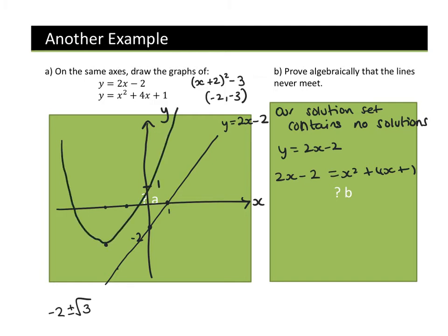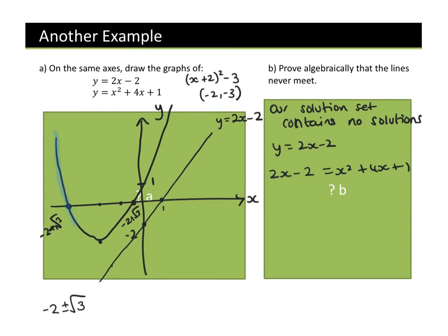This crosses at 1. This here is going to be minus 2 minus root 3, and this is going to be minus 2 plus root 3. As you can see, they do not intersect. And you would have proper graph paper to put all these points and then draw your graph. They do not intersect.